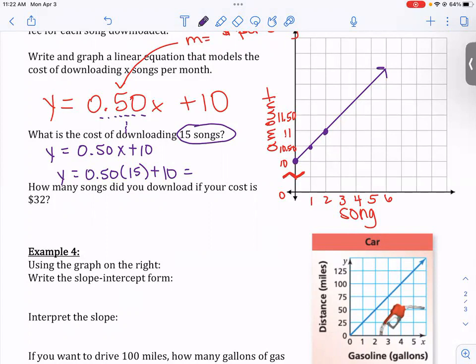Can you take 0.50 times 15 and add it to 10? $17.50.